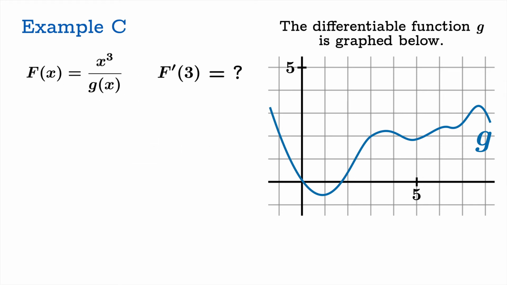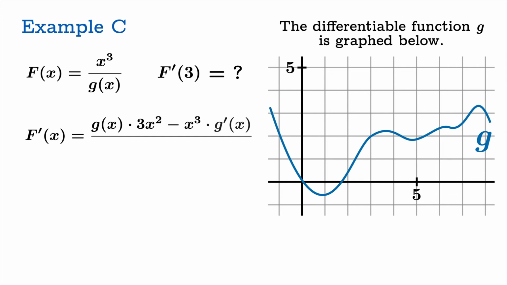So we need the formula for F prime of x generally, and for that we turn to the quotient rule. F prime of x is going to be g of x times the derivative of x cubed, or 3x squared, minus x cubed times g prime of x, all over g of x squared.